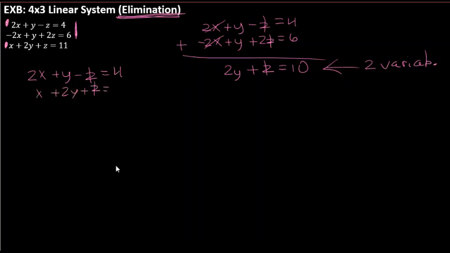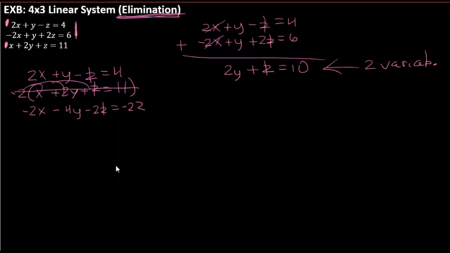2y plus z equals 11. So if I just multiply this bottom guy right here by -2, I'm going to be able to eliminate the x's, and I'm going to be left with y and z, just like I am over here on the right with my other two variables, right? So I'm going to have -2x when I distribute the -2. So -2x minus 4y minus 2z equals -22, right?